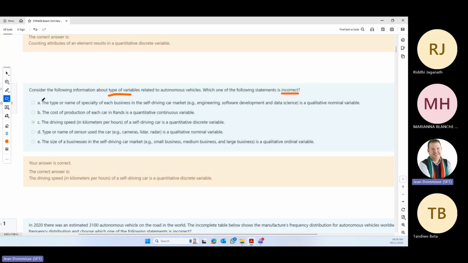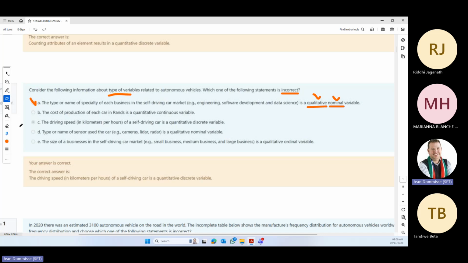Okay, so the type or name of speciality of each business in the self-driving car market, engineering, software development, is qualitative, correct, nominal, correct, because there's no order in that. So that is a correct one.